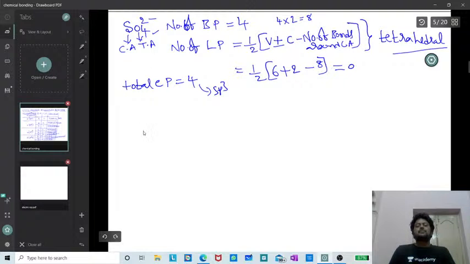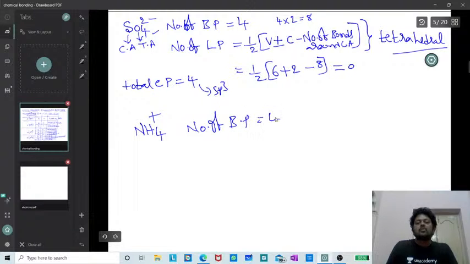For example, if we take NH4+, what is the geometry of NH4+? What is the hybridization also? In this, the number of bond pairs is equal to 4. How will we find the number of lone pairs? Half into the valency electrons of the central atom.